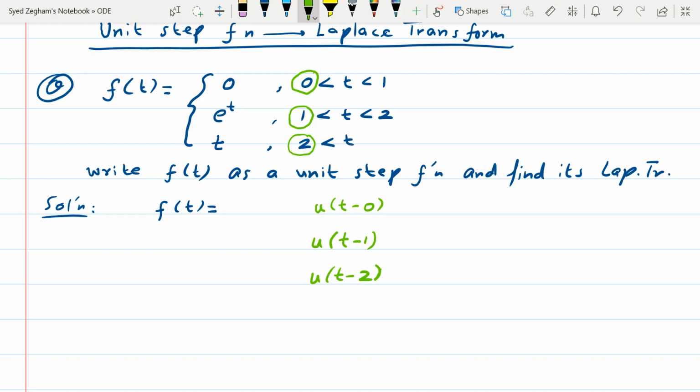Now, what comes here, what comes here, and what comes here? Okay. Now, first term will contain the first value, that will be 0. Second term will contain this value minus the previous value. What it will give us? e to the power t minus 0, right?